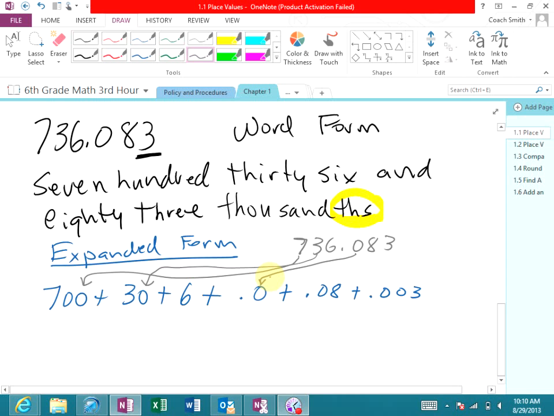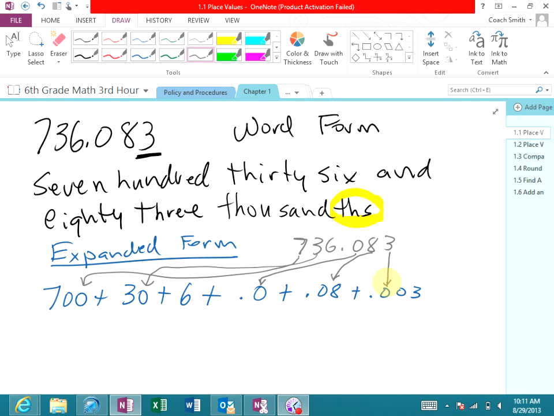The 0 is one place behind the decimal. That's why we have 0.0. The 8 is two places, so that's why we have 0.08. The 3 is three places. That's why we have 0.003. However many places it is behind the decimal, we've got to have that many places in our expanded form.